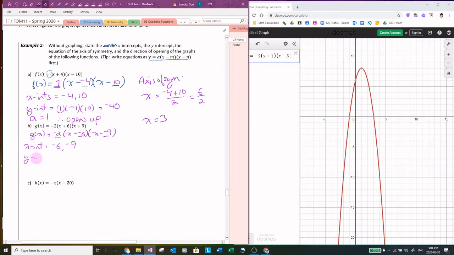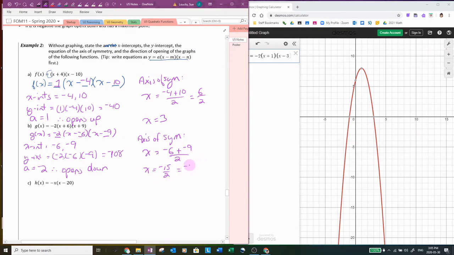My y-intercept is -2 times -6 times -9, which equals -108. A equals -2, therefore it opens down. And my axis of symmetry is x equals -6 plus -9 divided by 2, which is -15 over 2.